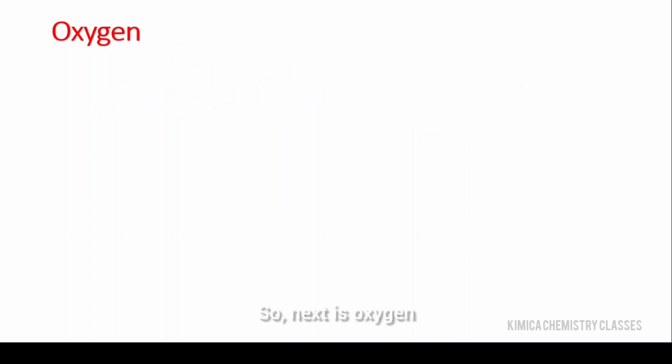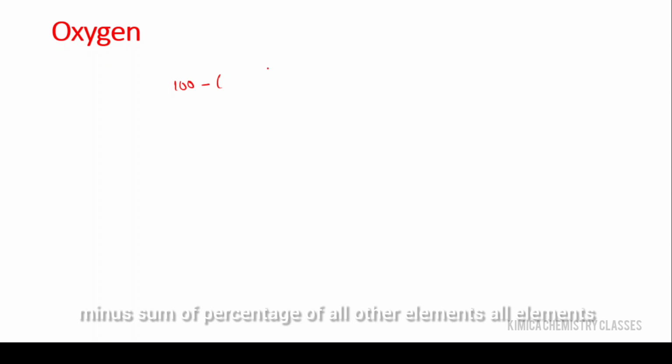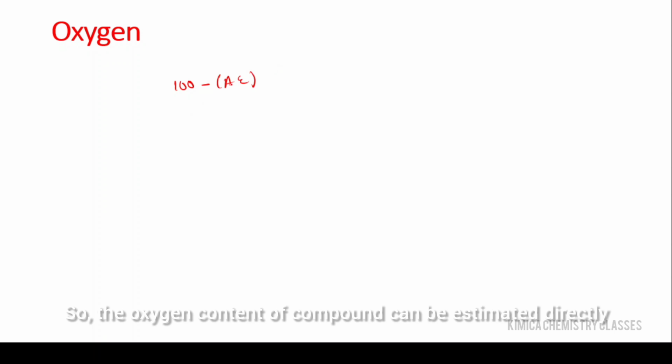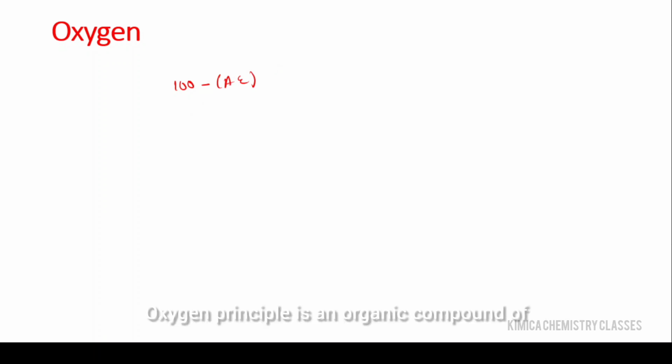So next is oxygen. The estimation of oxygen is that we can simply say 100 minus the sum of the percentages of all other elements, right? So the oxygen content of a compound can be estimated directly. The principle: an organic compound of known mass is decomposed by heating in a stream of nitrogen gas.